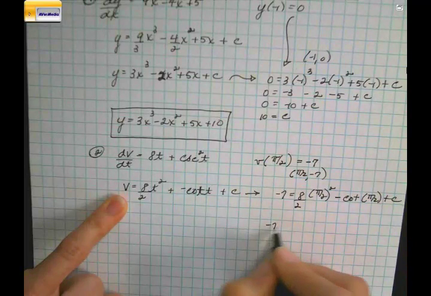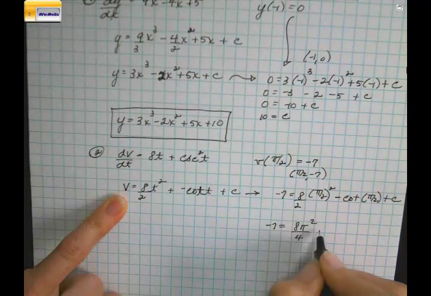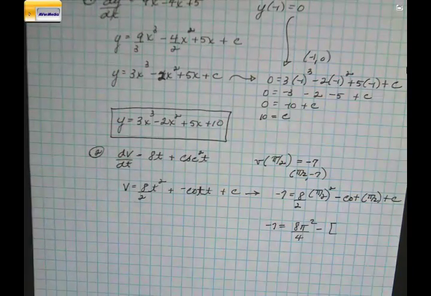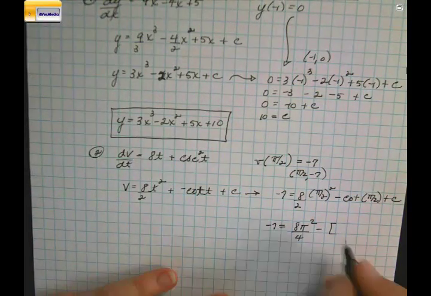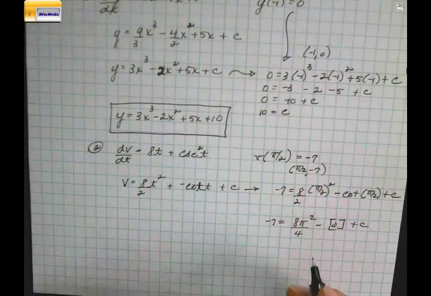This is interesting. Okay, what is cotan of pi halves? Tangent of pi halves is undefined, right? So cotan is 0, right?